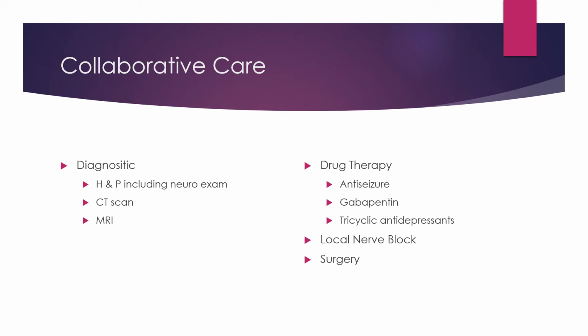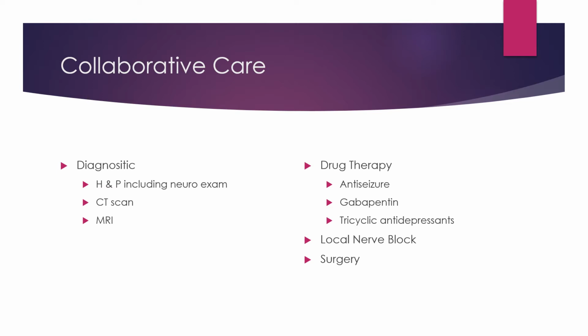As interprofessional care, we can give these patients different drugs. There are lots of different anti-seizure medications, and these work by reducing the pain. They help stabilize that nerve pathway and block the abnormal nerve firing that is causing the pain in the mandibular and maxillary area.